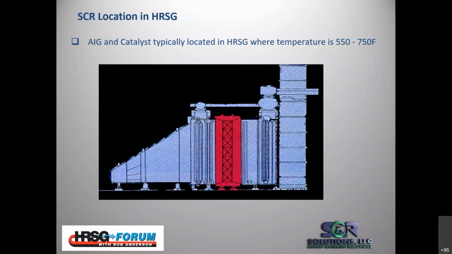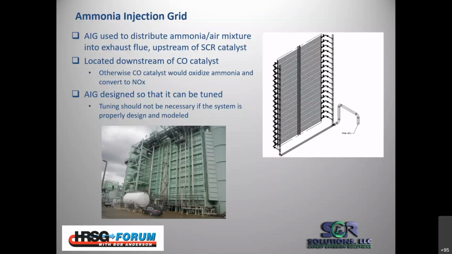The AIG and the catalyst, or basically the SCR system, is located in the HRSG, where the temperature can range from 550 to 750. Of course, it can be on the higher side of that and the lower side to some extent, but these are the typical ranges of SCR application. The ammonia injection grid is used to distribute the ammonia air mixture, and that's coming in from an external skid mounted vaporizer system.